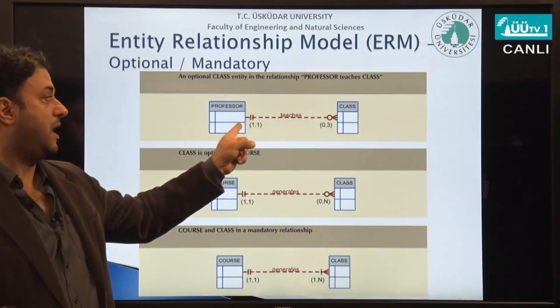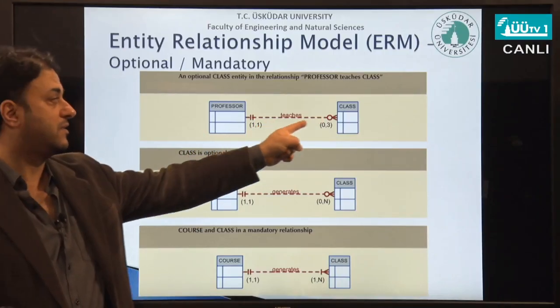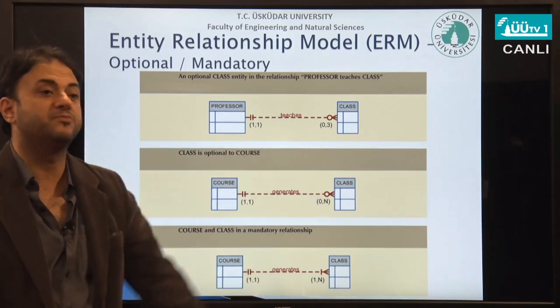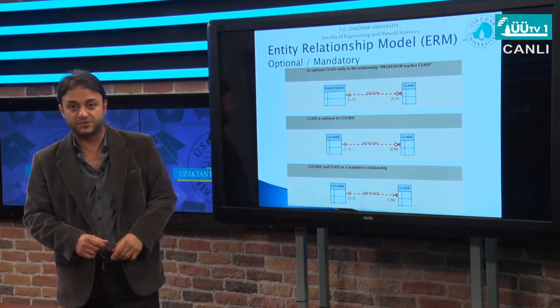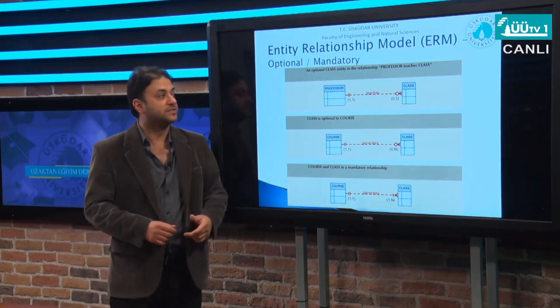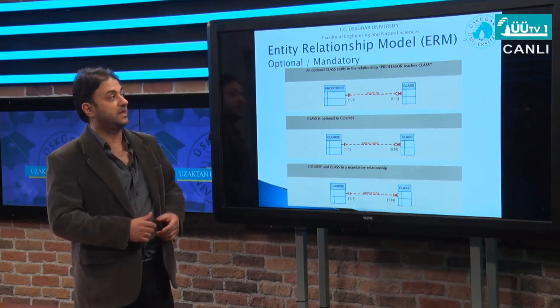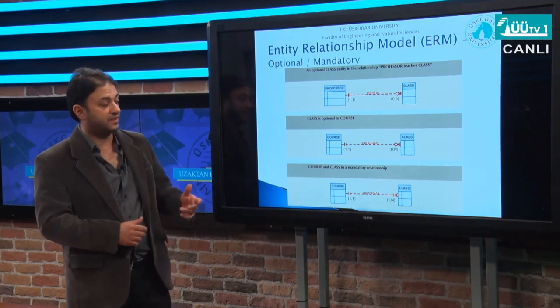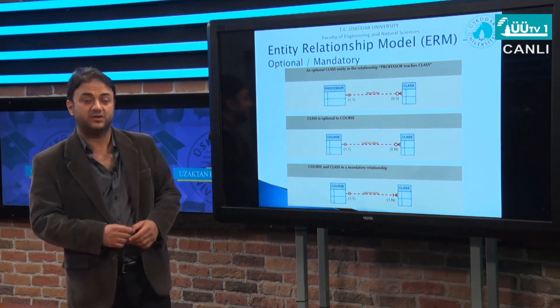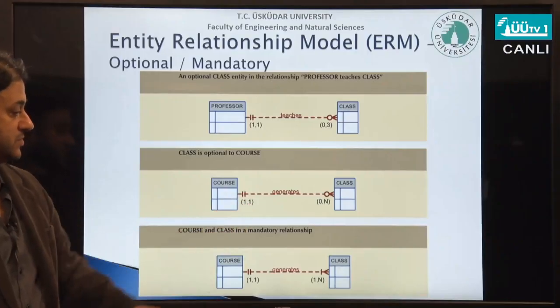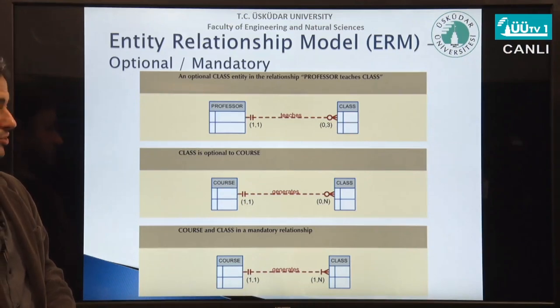Optional means a professor might have a class or might have no classes, up to 3 classes. So this is for the professor optional, right? So this is what we term optional cardinality and mandatory cardinality. Now the number here again, this is 1 and 1. So this means it's optional or mandatory.